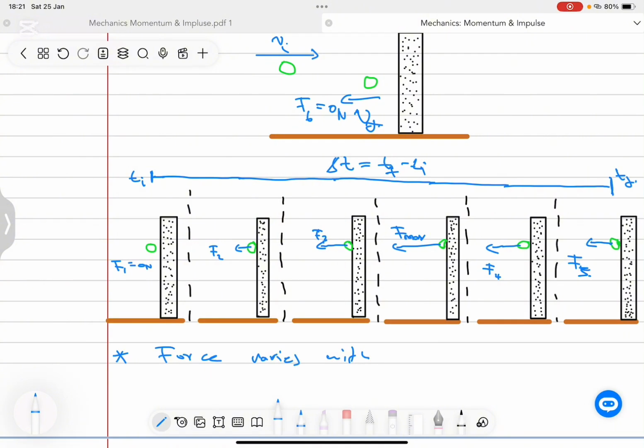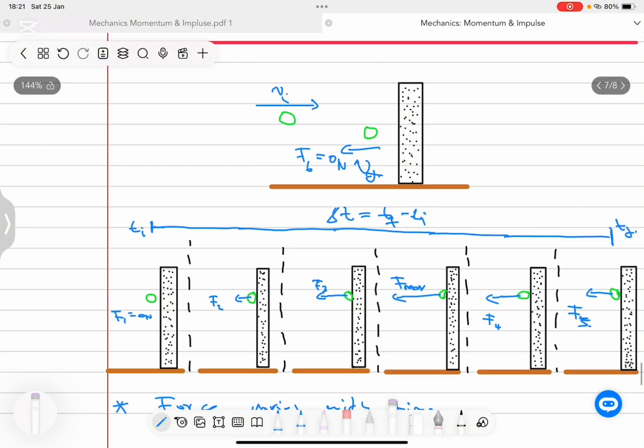We then say that the force varies with time. The force changes as time increases. We don't have a constant force, right? This force is not constant. It's a varying force.